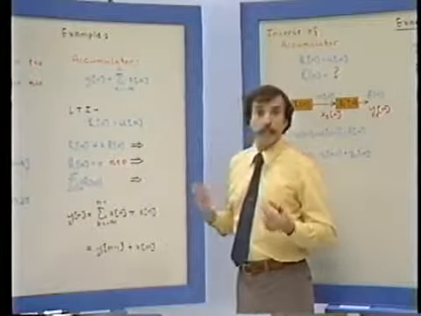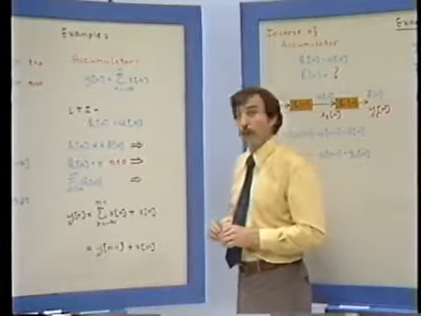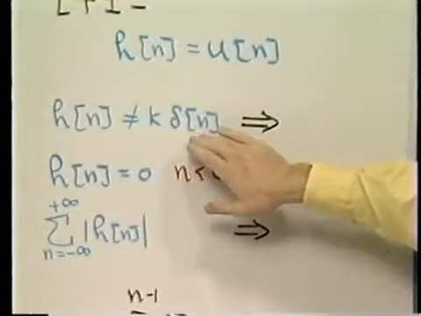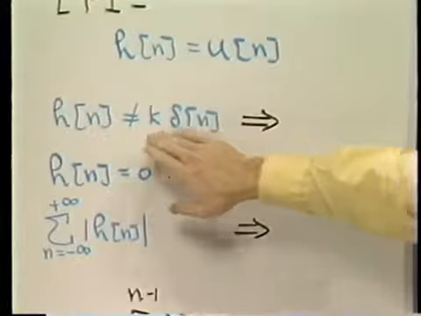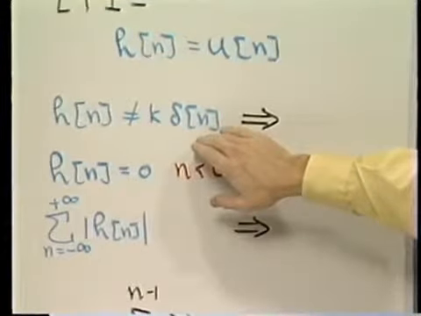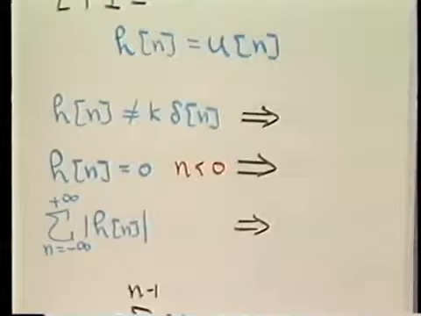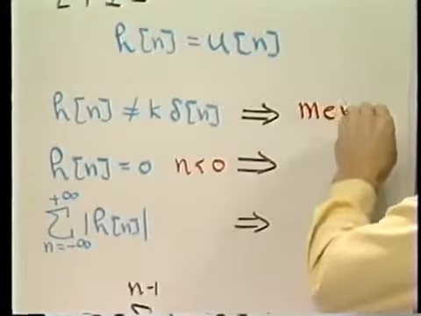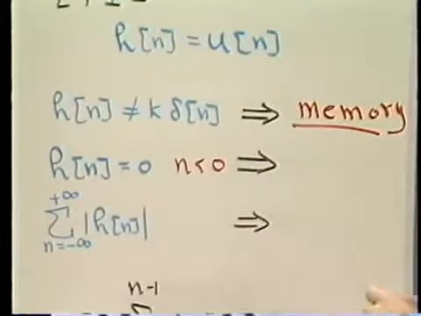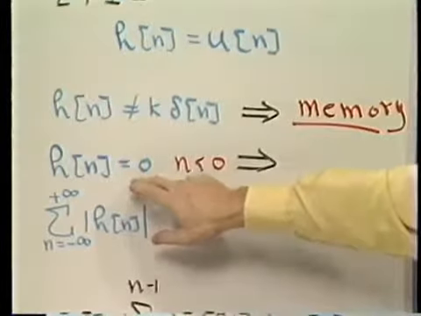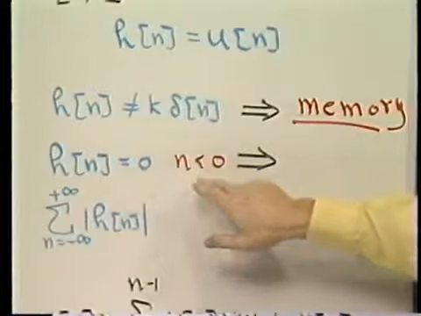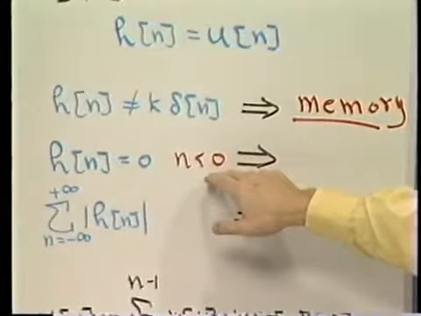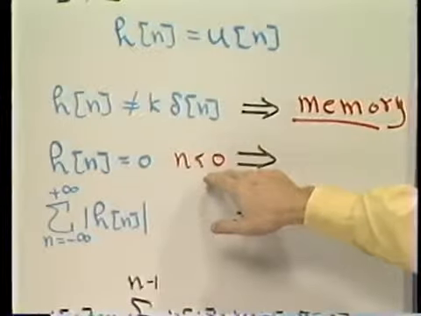And let's first ask about memory. Well, we recognize that the impulse response is not simply an impulse. In fact, it's a step. And so this implies what? Well, it implies that the system has memory. Second, the impulse response is 0 for n less than 0, that implies that the system is causal.